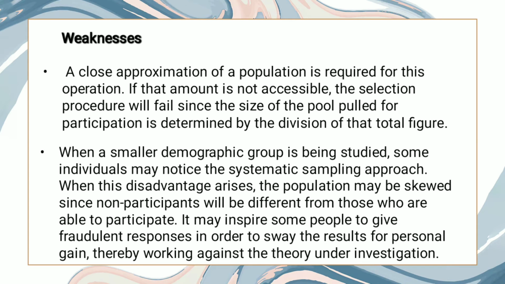Now, in terms of its weaknesses, a close approximation of a population is required for this operation. If that amount is not accessible, the selection procedure will fail, since the size of the pool for participation is determined by the division of the total figure.